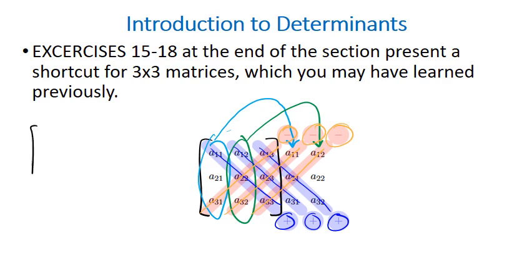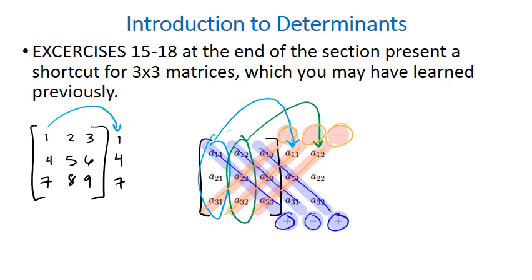So just an example, if I have this matrix here, then what I'll do is I will write this column again and write this column again.